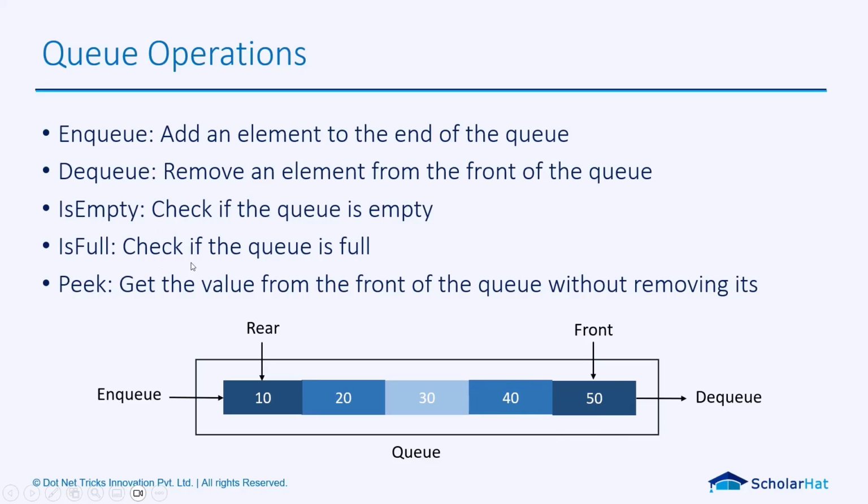The isFull function checks if the queue is full or not. The peek function gets the value from the front of the queue without removing it. We already applied isFull, peek and isEmpty in the stack; here also we're going to do that. So the queue has two ends: the rear and the front.